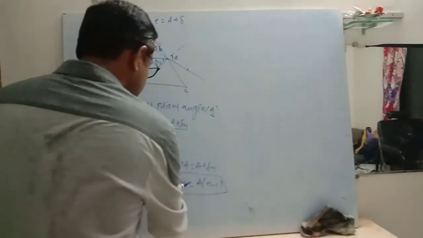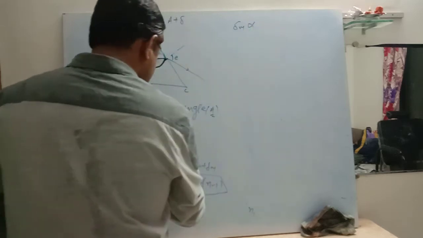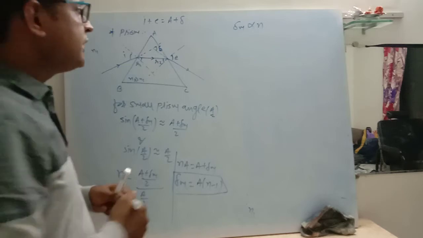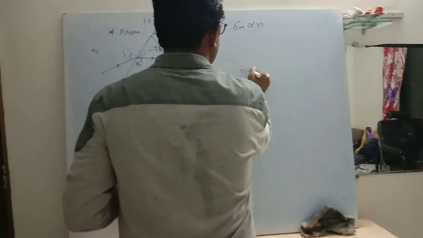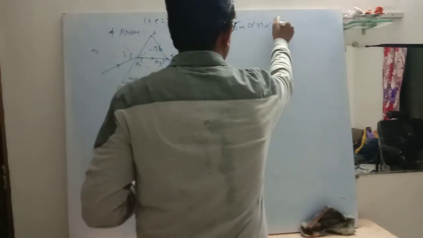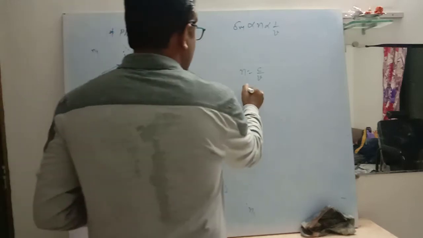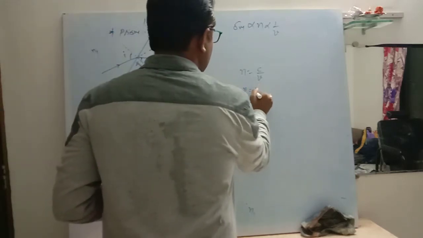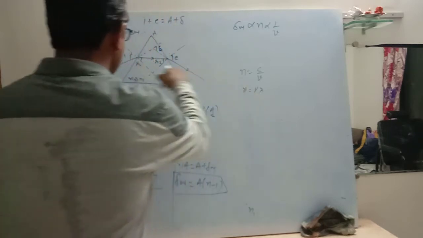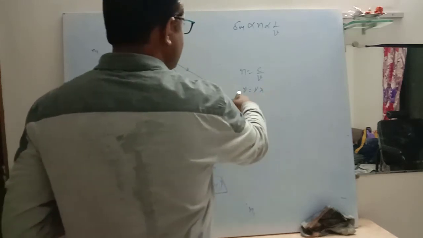Now one more interesting case related with the deviation angle. Here the deviation angle we can say is directly proportional to the eta, and we know that eta is equal to C upon V. That's why eta is inversely proportional to the velocity, and we know that velocity is nu lambda. The frequency remains constant whenever a ray enters from one medium to another medium. The wavelength changes.